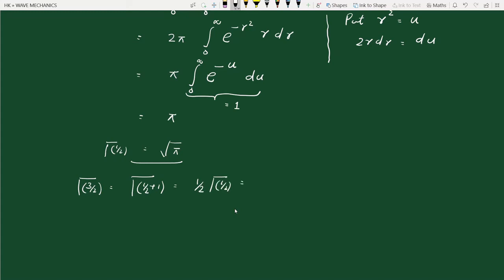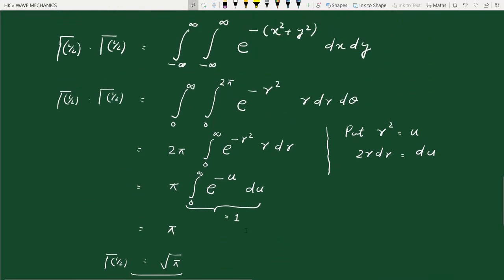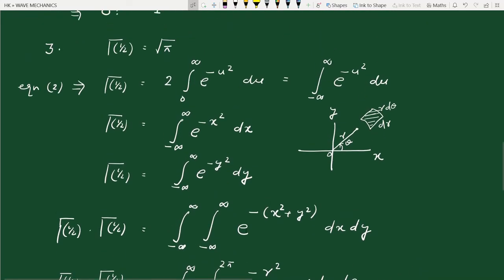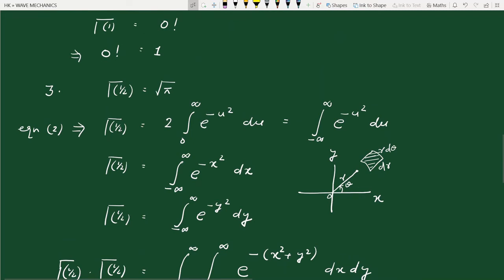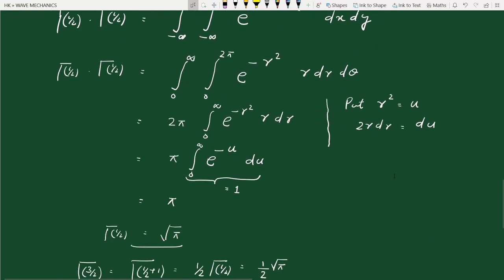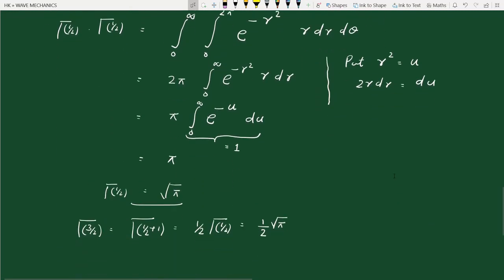But gamma half is root pi, so this is half times root pi. In this way you can evaluate gamma 3 by 2, gamma 5 by 2, gamma 7 by 2, etc. So this gamma half and gamma 3 by 2, gamma 5 by 2, etc. are definitely connected with Gaussian integrals. So these are the 3 properties of gamma function that are useful to us.